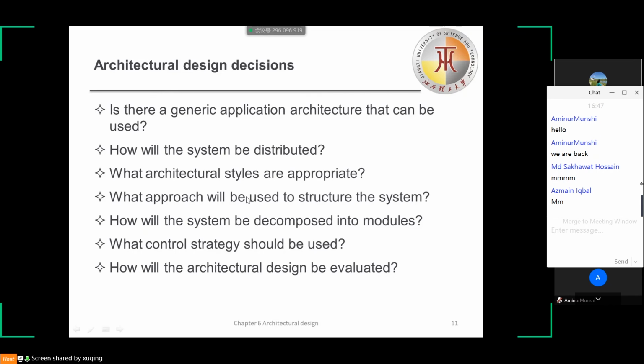How will the architectural design be evaluated? How should the architecture of the system be documented? All these questions have to be considered about the system. Then, as we know, these questions are important for the structural decisions that will affect the system and the development process.